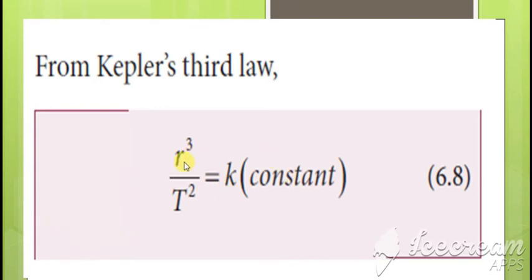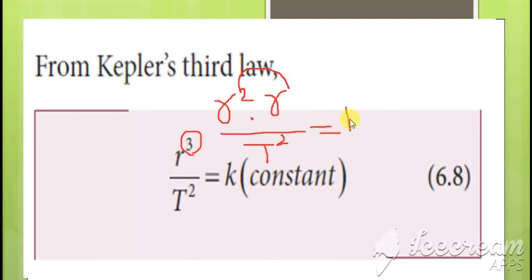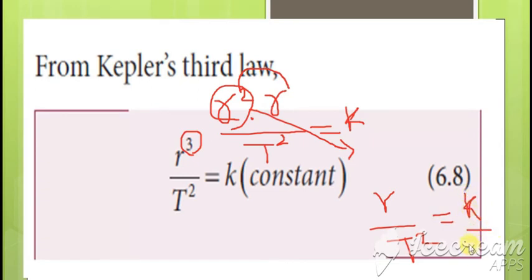Now how can you write this r cube? It can be written as r square into r, is it not? Because this square into this value becomes this cube. So this term is as it is, which is equal to k. Now bring this r square down. We get r divided by t square, which is equal to k divided by r square.